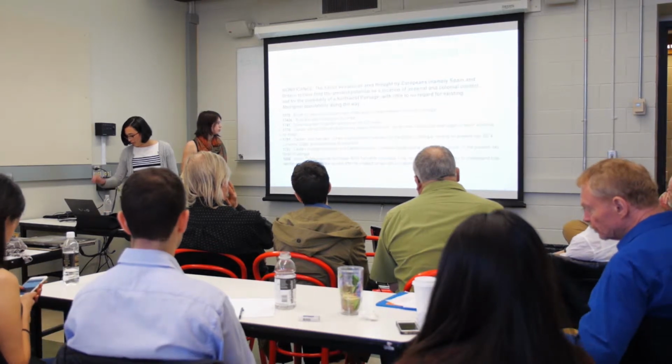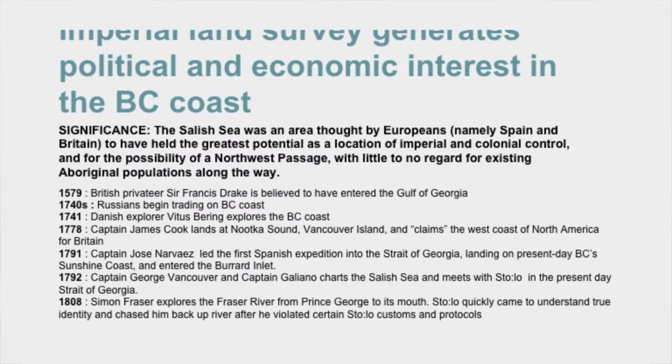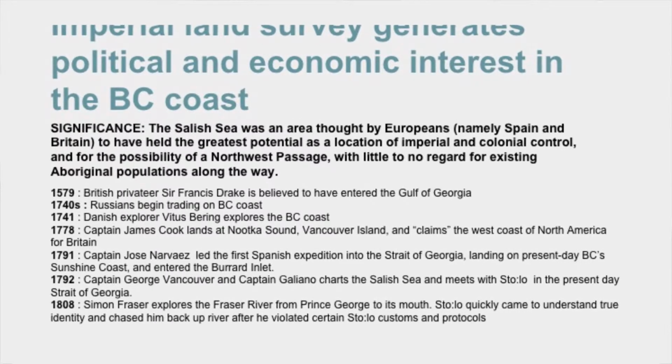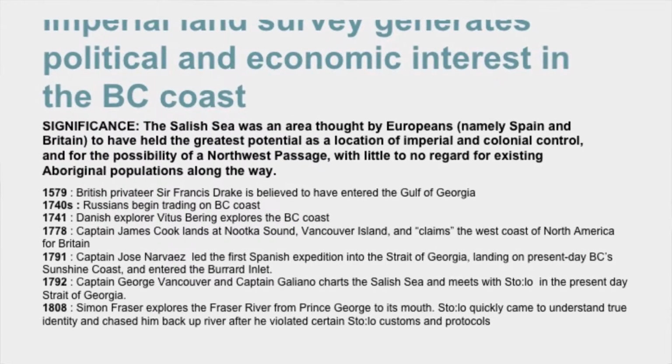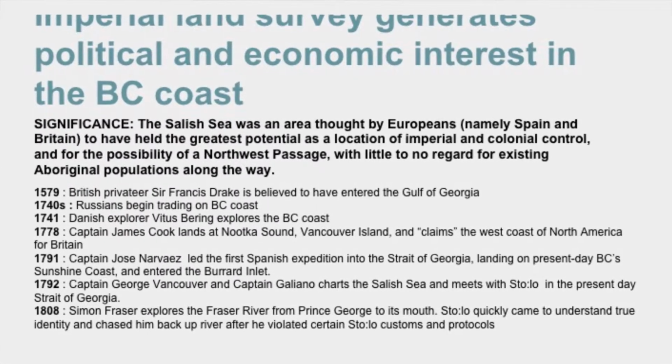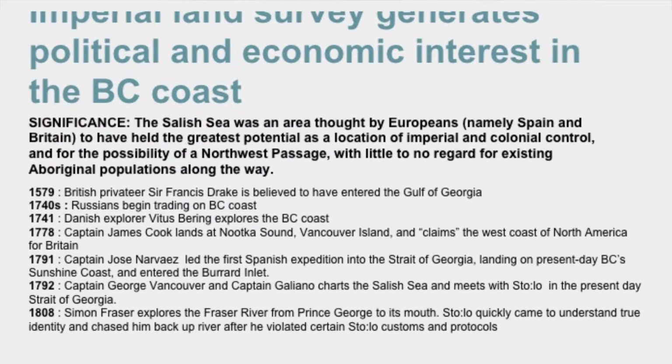So, continuing on. This one is cut off for some reason, but it says Imperial Land Survey, which generates political and economic interest in the BC coast. This was also something that we had struggles with because of the word imperial.